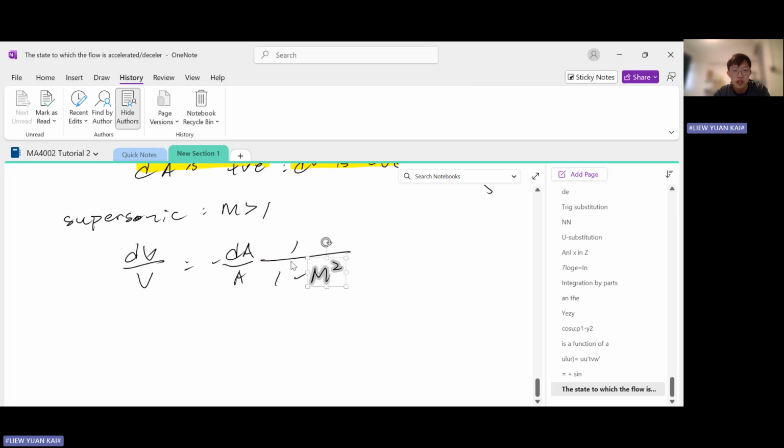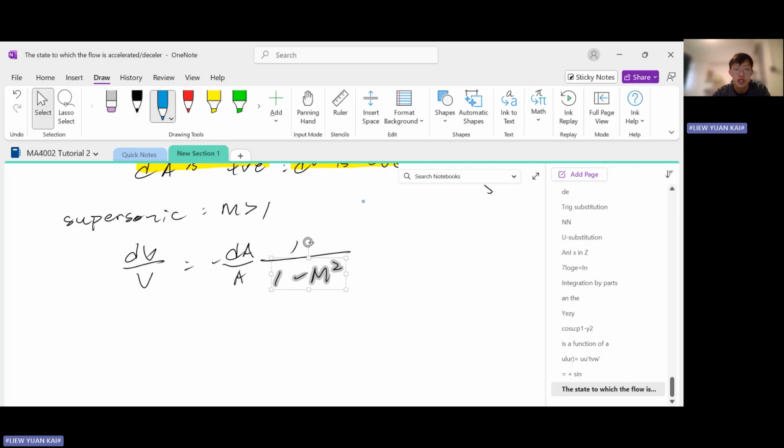Then this whole denominator will be negative. If you don't believe me, you can plug in an example. Let's say M equals 2. So this whole thing will be negative, because 1 minus 4 is negative 3. My point is, if M is greater than 1, then the denominator here will always be negative.